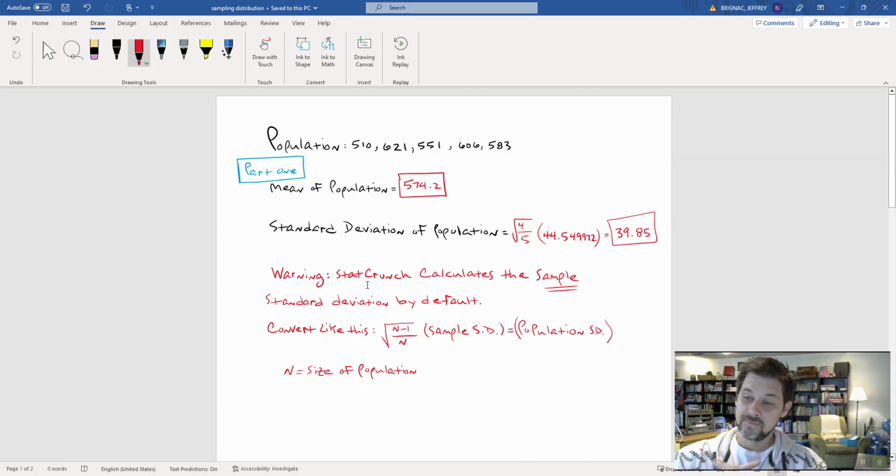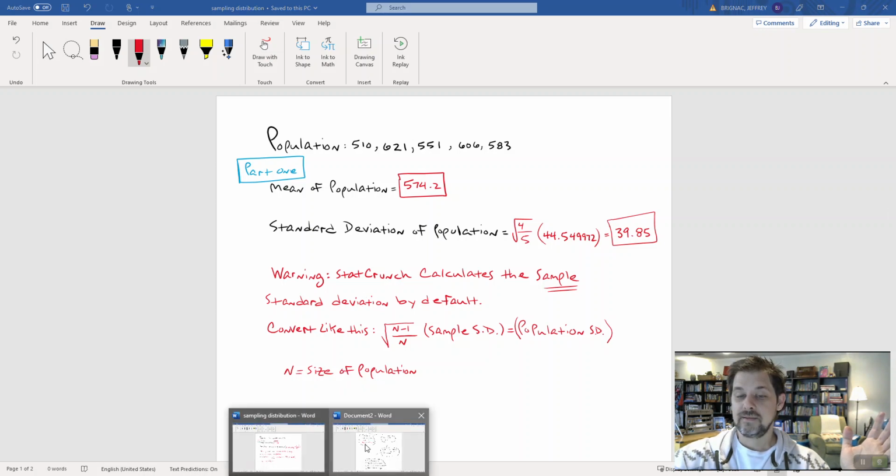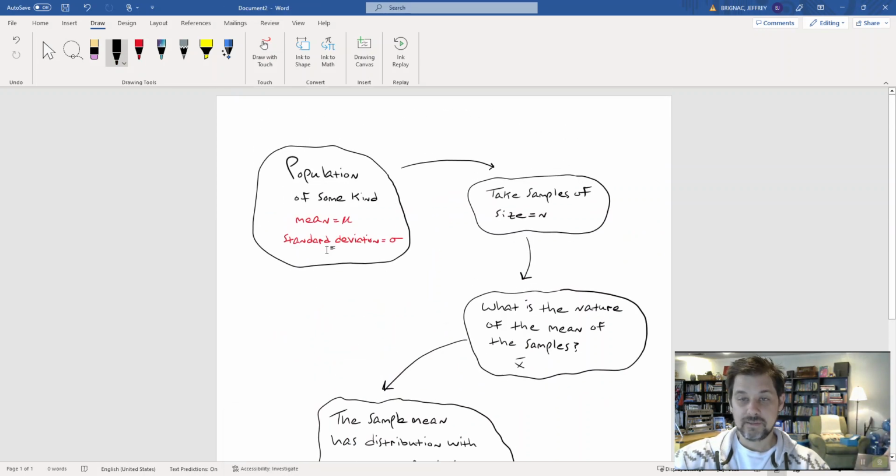That's been a theme throughout most of our class, okay? In statistics, what we do is we have a population of some kind, and we take a sample from the population in order to study it or know something about it. They're two different things. Populations and samples are different. Sometimes the math is different for them too. The way we do calculations is different sometimes, okay?